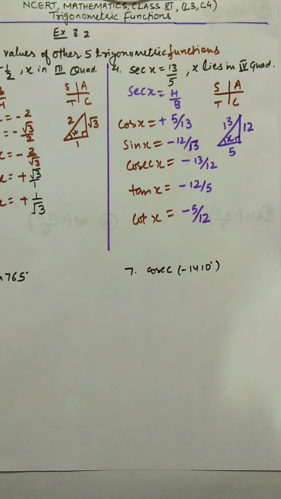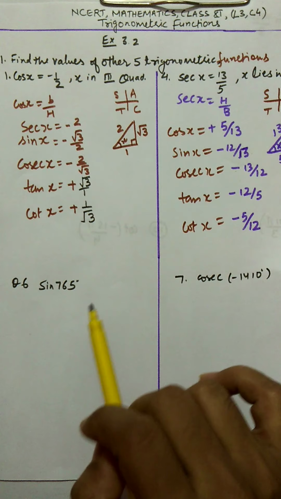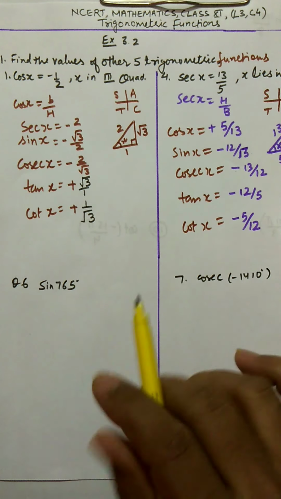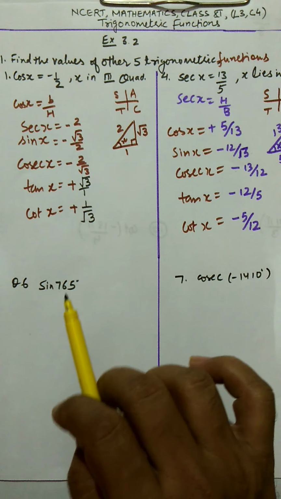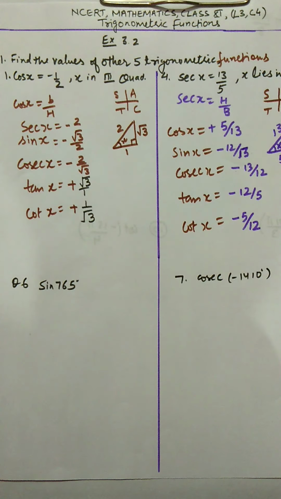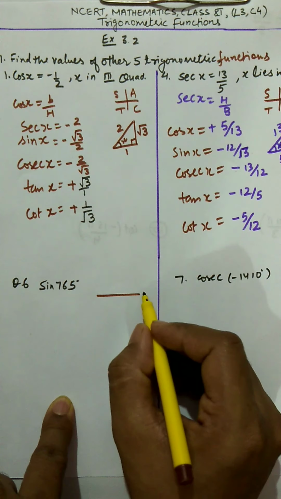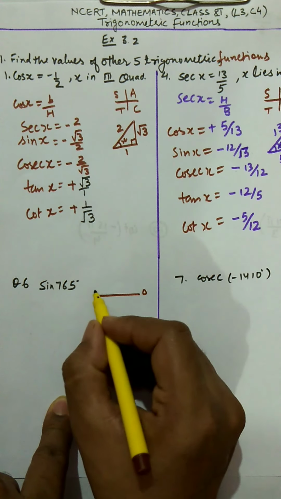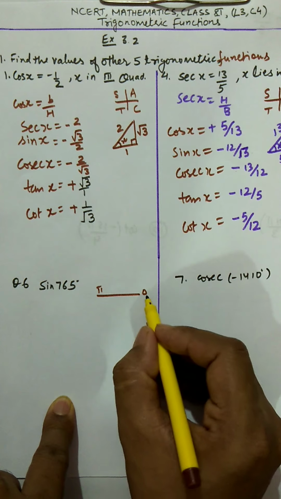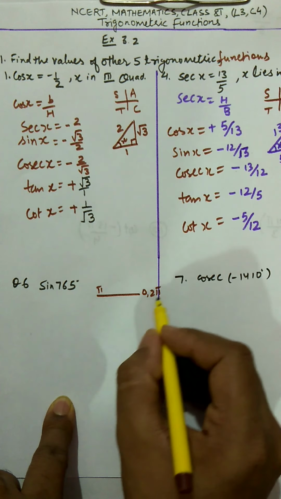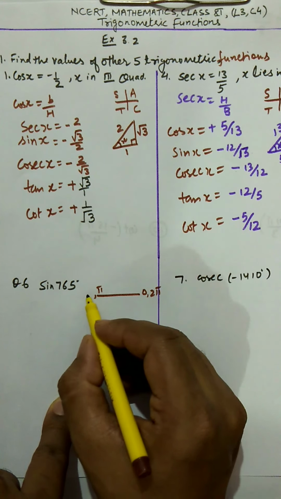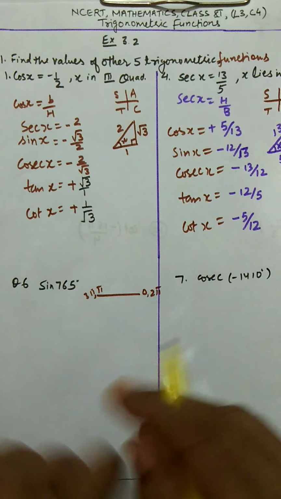To find values of trigonometric functions when the angle is higher than 360, it is advisable to use this: this is 0, this is pi, then this is 2 pi, again pi, 2 pi, then this is going to be 3 pi and something.